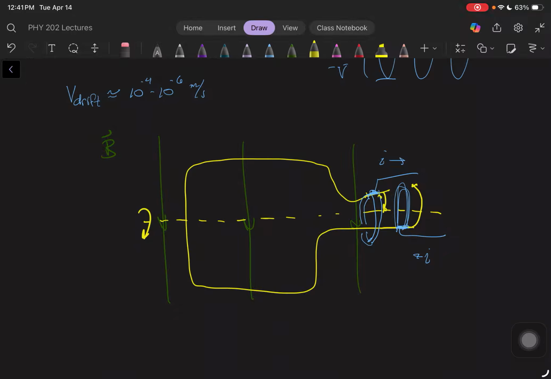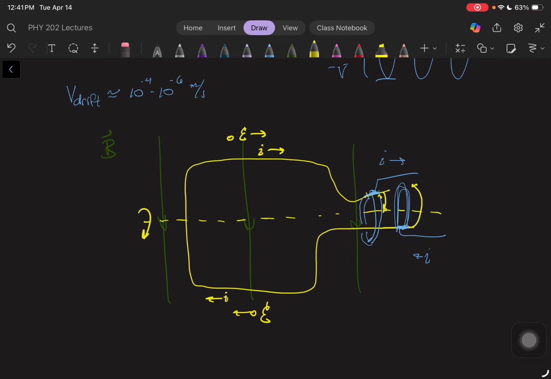And so we have a loop of wire. It's rotating. It's in an external magnetic field. So we expect to induce some EMF, which is going to induce a current. And we can look at that from both sides. And so this is the setup we have.